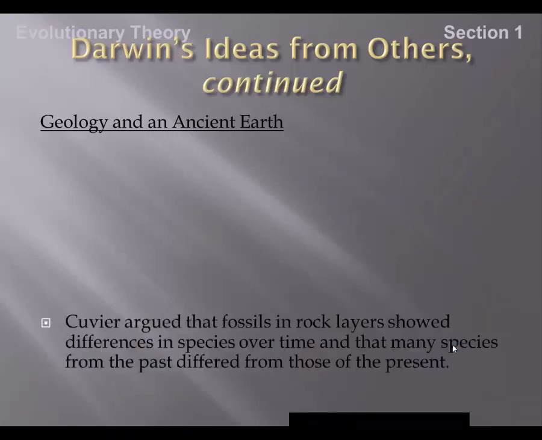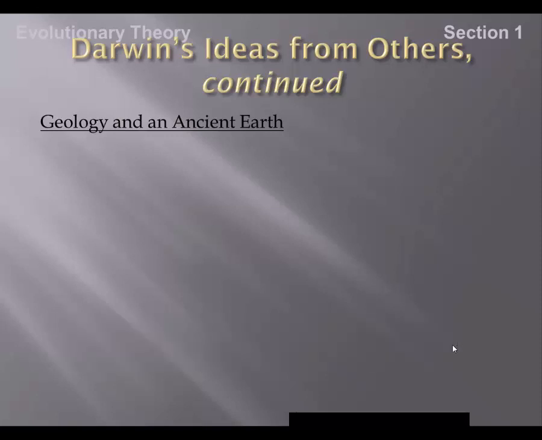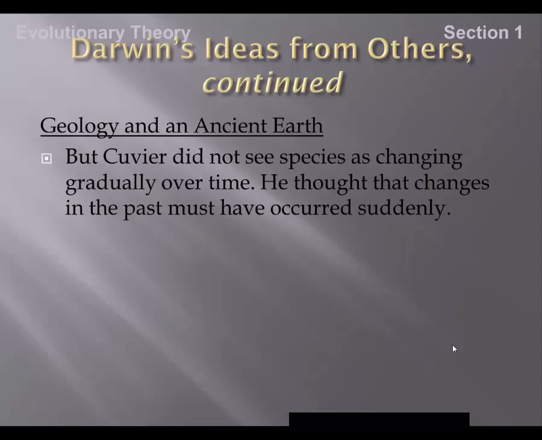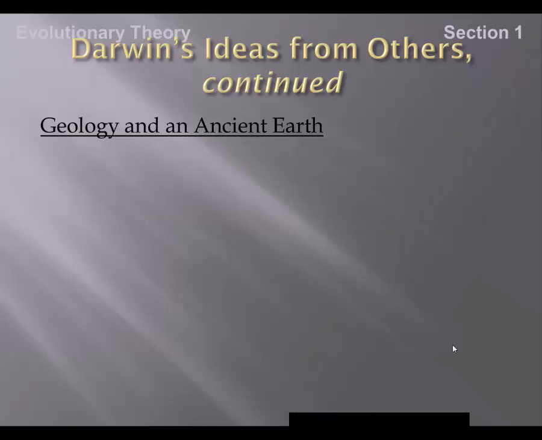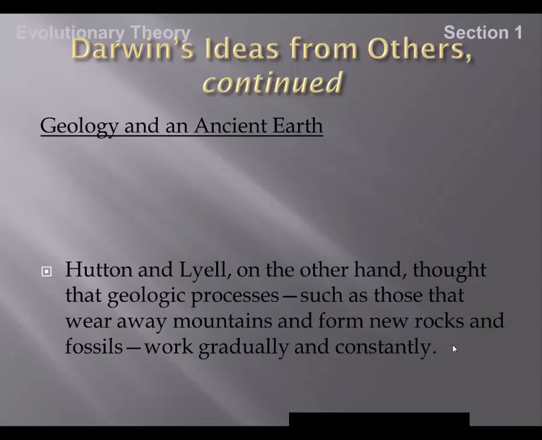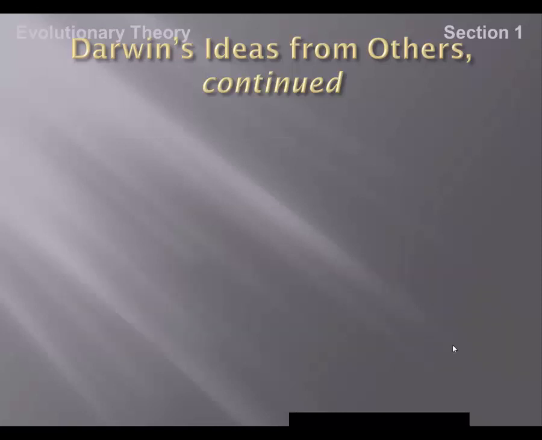Cuvier argued that fossils and rock layers showed differences in species over time, and that many species from the past differed from those of the present. But Cuvier did not see species as changing gradually over time. He thought that changes in the past must have occurred suddenly. Hutton and Lyell, on the other hand, thought that geologic processes such as those that wear away mountains and form new rocks and fossils work gradually and constantly.